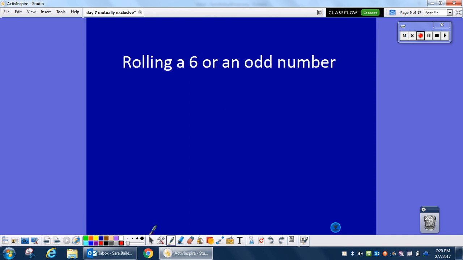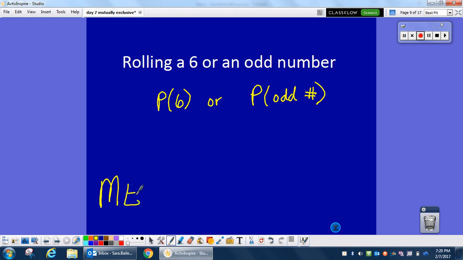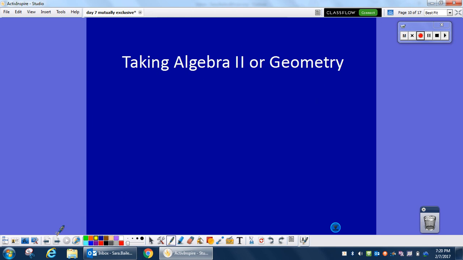Rolling a 6 or an odd number. So the probability of rolling a 6 or the probability of an odd number. Again, you can't be a 6 and an odd number at the same time. So these are mutually exclusive. They cannot occur at the same time.